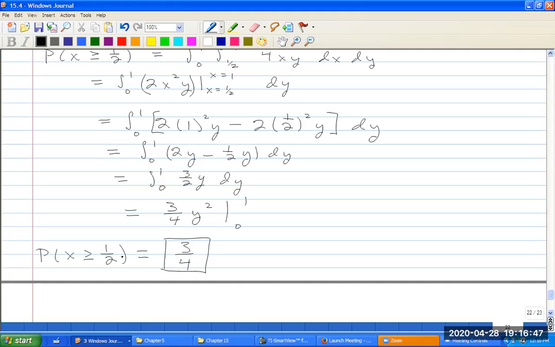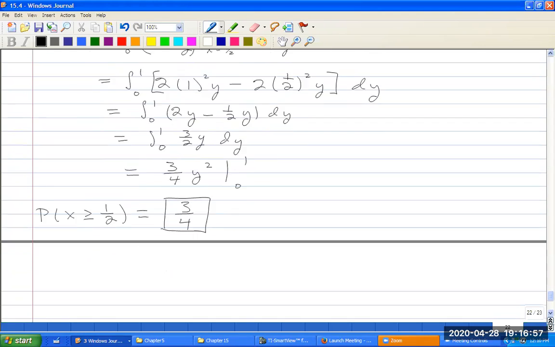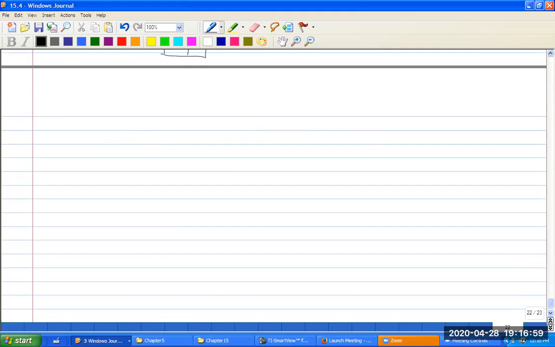Okay. Let's do part 2. So this is B part 2. I want to find the probability that x is greater than 1/2 and y is less than 1/2. So let's integrate this.